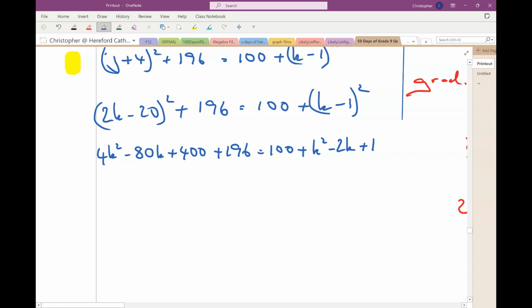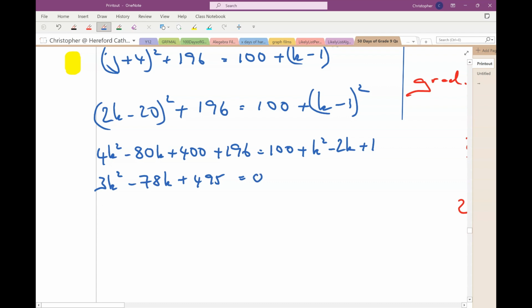So on the left-hand side at the moment I've got 4K squared and a minus K squared from both sides. So that's going to give me 3K squared. I've got minus 80K there. I'm going to plus 2K to both sides, so minus 78K. Now on the left-hand side there, I've got 596, and from that I'm going to minus 101. Gives me 495. And that equals 0.